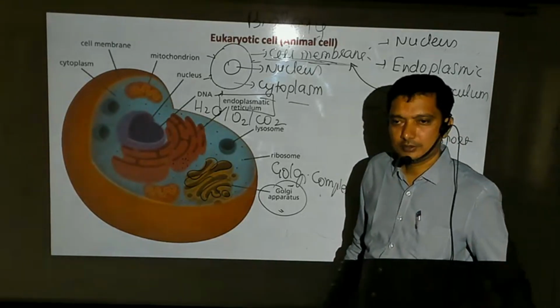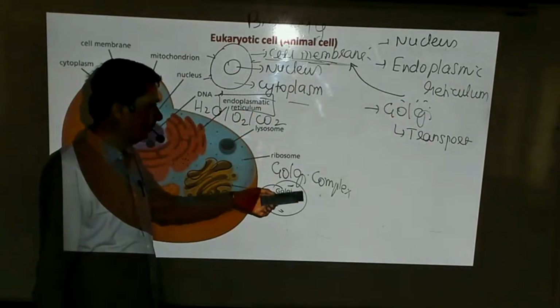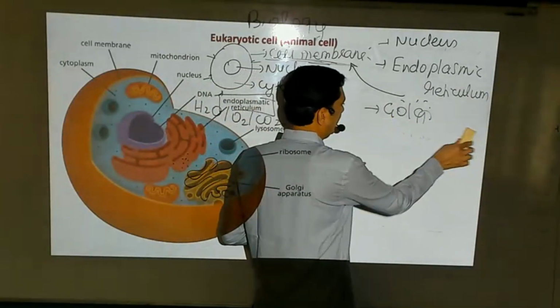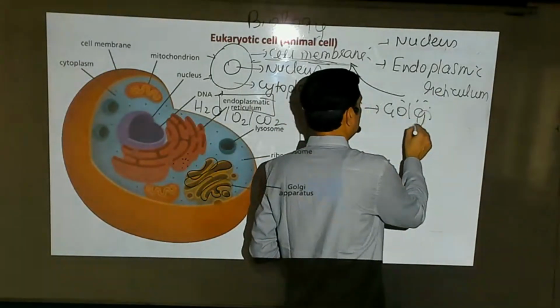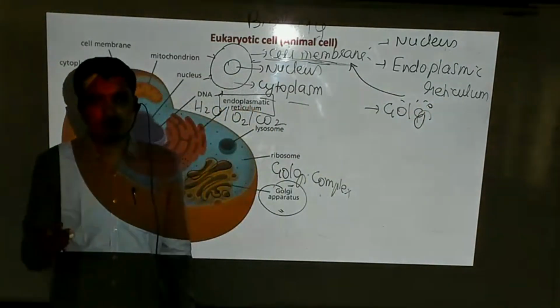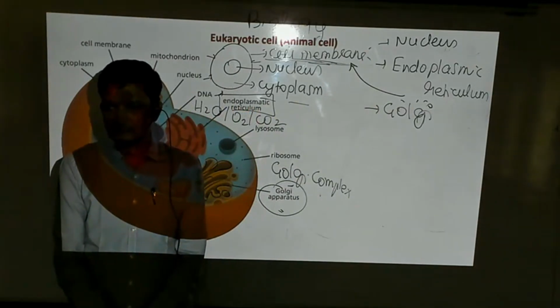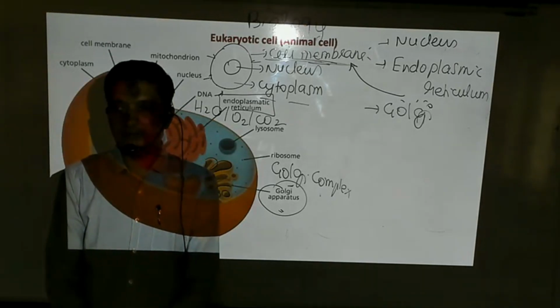Okay. Next, for all these things to function, for manufacturing to happen, for transport to happen, what do you need? What is the requirement for the machines to work inside these compartments, inside these organelles? If you want to run any machine, what do we need? Energy, right? We need power, we need energy.